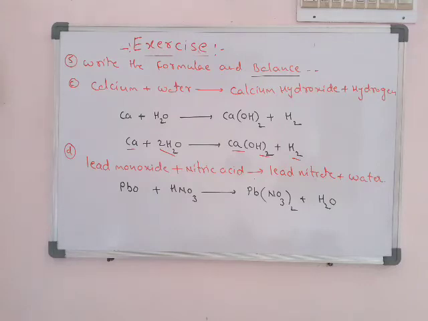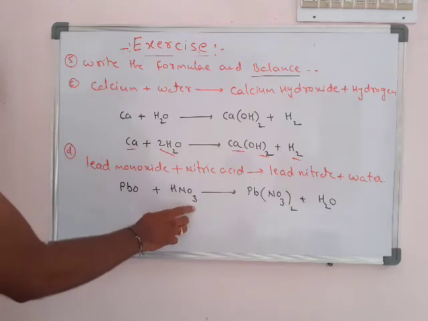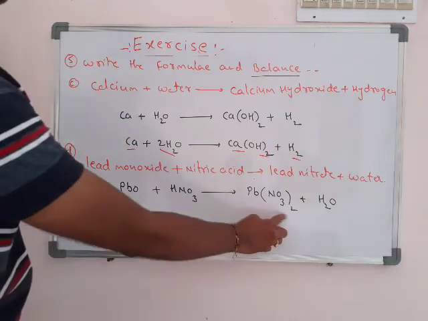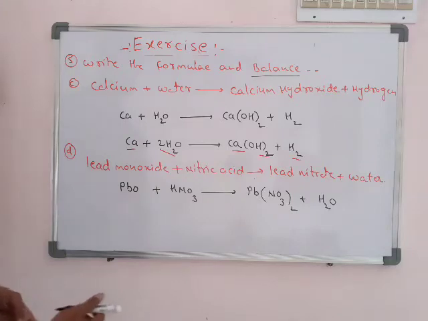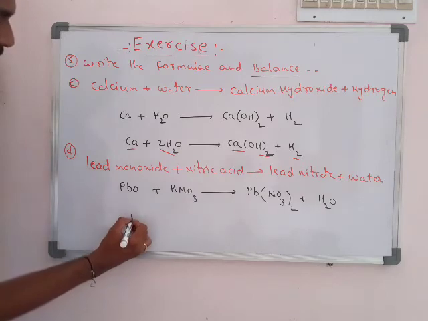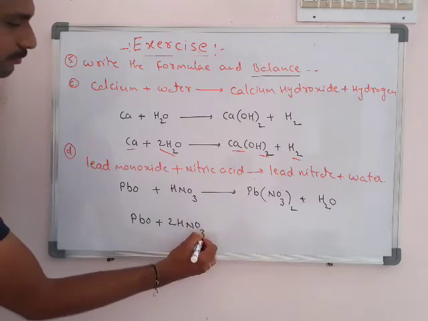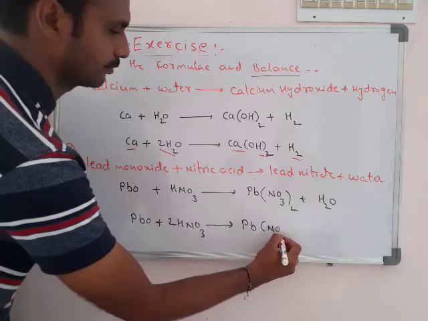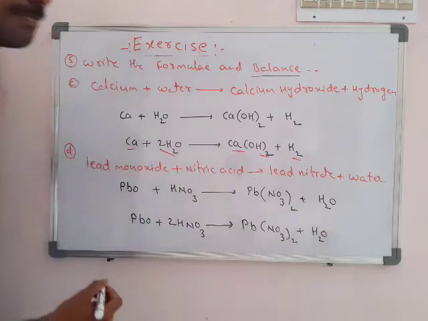Now balance it. 1 lead, 3 oxygens here, 6 and 1, 7 oxygens. Here 2 nitrogens, 1 nitrogen. Just putting 2, I think it's possible. So check whether it is balanced or not.